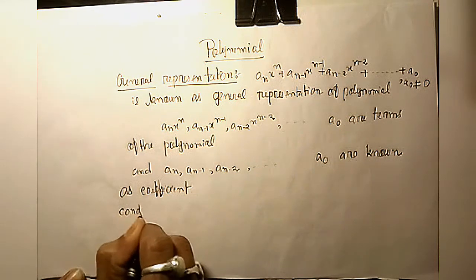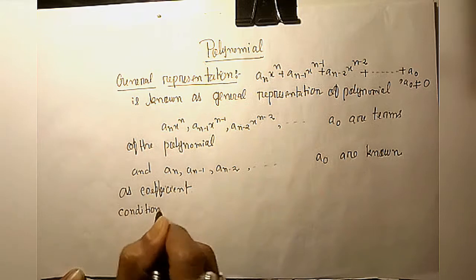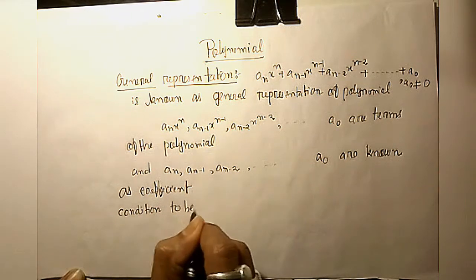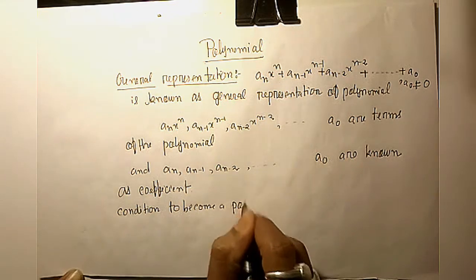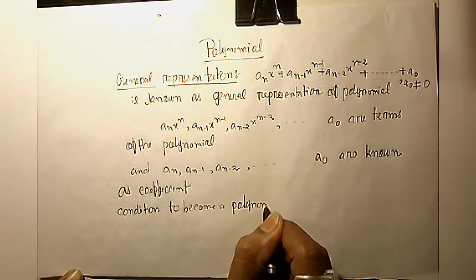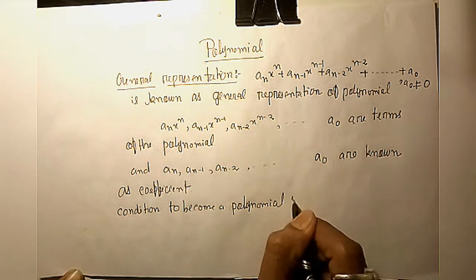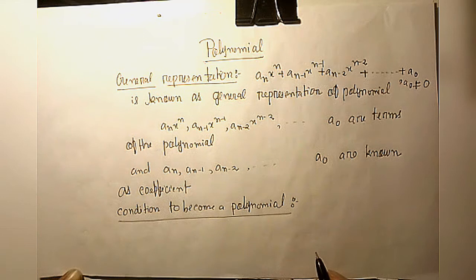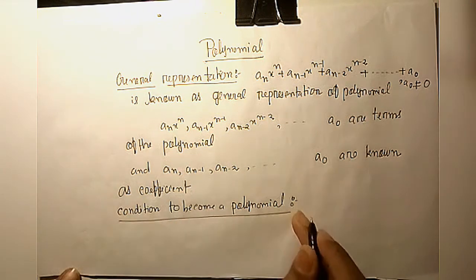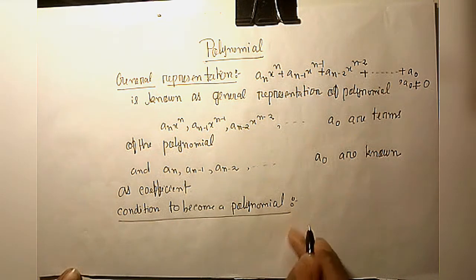So let's move to the next important point. Everyone should remember the condition to become a polynomial. That means there should be some certain condition under which an expression becomes a polynomial. So what is the condition?